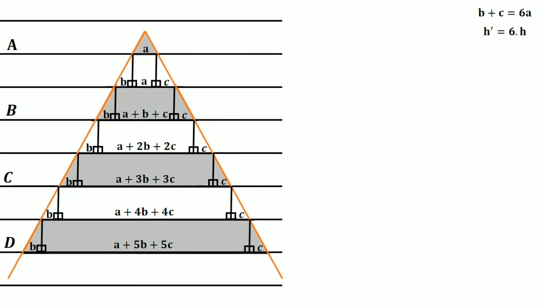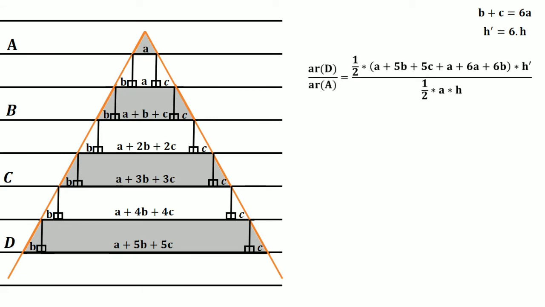Now here is our figure, and we have to find the area of region D divided by the area of region A. Region D is a trapezium, and the area of a trapezium is 1/2 times the sum of parallel sides times the altitude, in this case h dash.